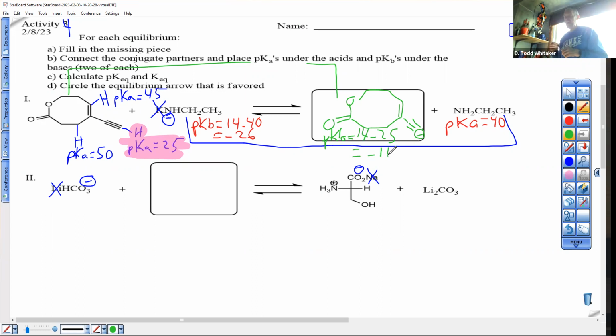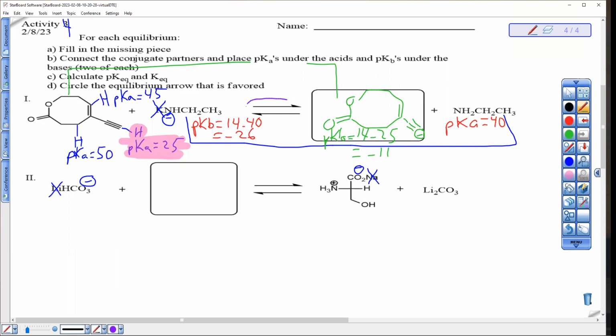Okay, we're doing okay. All right. So which arrow are we supposed to circle? The one that points to the bigger pKa or the lower pKa? The bigger pKa. Finally, we got an arrow that points to the right.